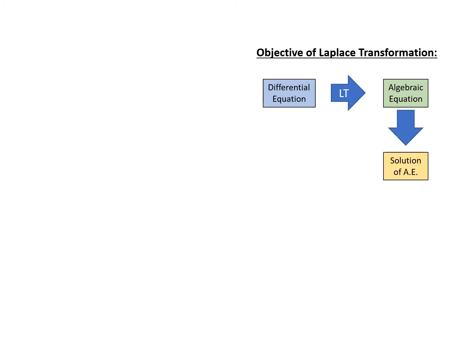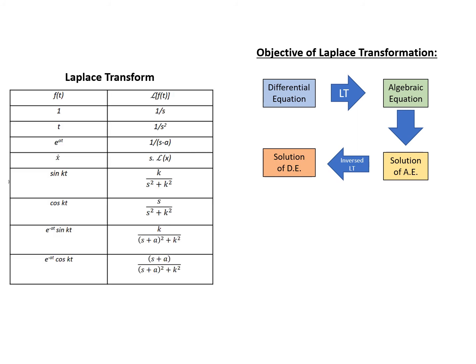Based on the algebraic equation, we can get its solution. And then we can do the inverse Laplace transformation to have the solution of the original differential equation. So this is the sequence we follow: Laplace transformation and then inverse Laplace transformation.